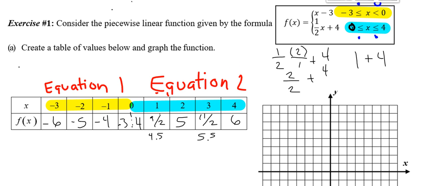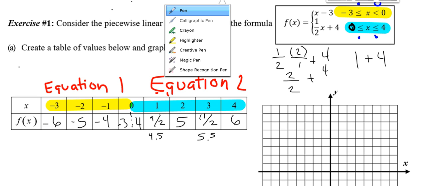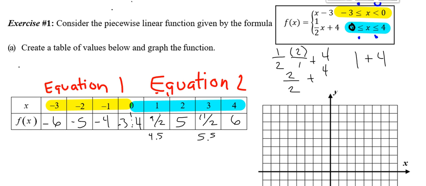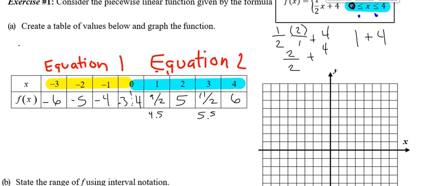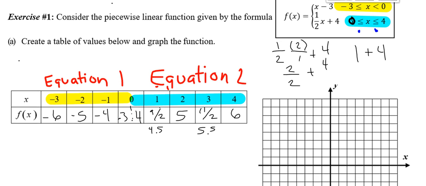Now let's begin to graph this. With our graph, we have a restriction for the first part, which is -3 less than or equal to x less than or equal to 0. I'm going to graph the equation x minus 3 first, in red.